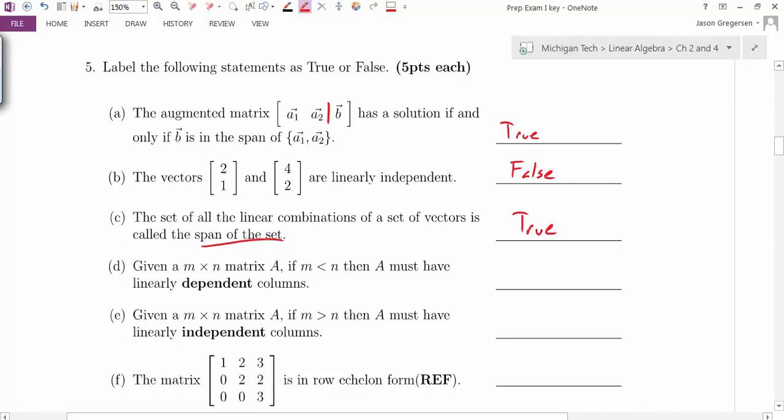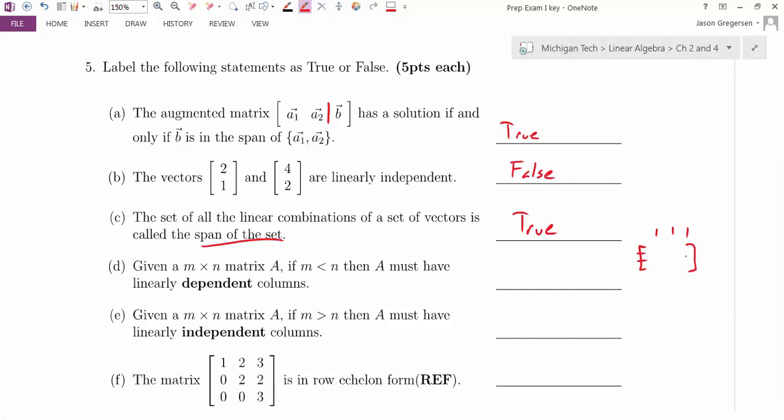D says given an M by N matrix A, if M is less than N, then A must have linearly dependent columns. So I think the best way to approach this problem is to draw a picture. I'm going to draw an M by N matrix where M is less than N. So I might have 2 rows, for instance, and 3 columns. This would be a 2 by 3 matrix, so M would be less than N. And now it's saying that A must have linearly dependent columns.